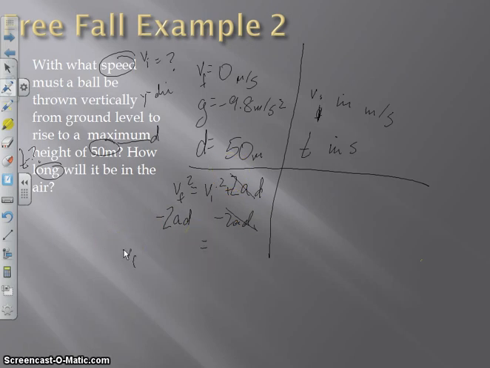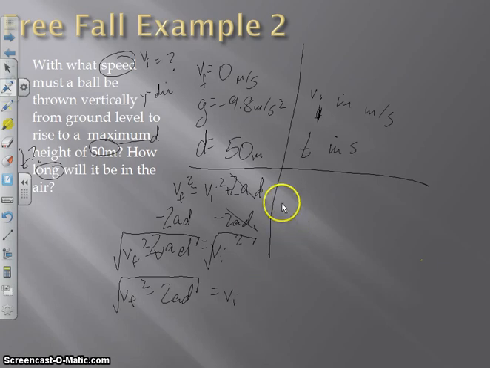I'll end up with v final squared minus 2ad, and that'll equal my v initial squared. Well, it looks like it's isolated, but it's not yet. It's being squared, and so what I've got to do is square root each side. That leaves me with v initial equals the square root of v final squared minus 2ad, and I've got to take the square root of that whole quantity.